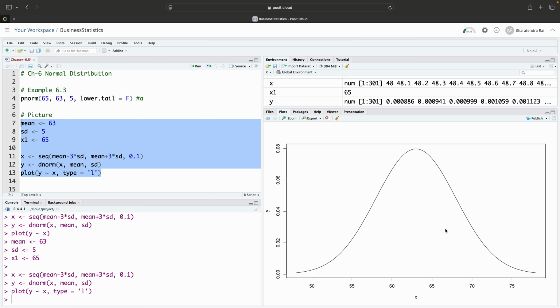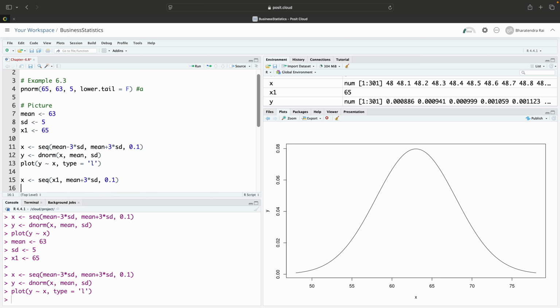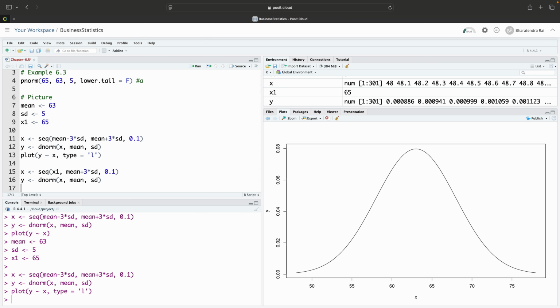And now we want to include the shaded portion, 65 and above. Within x I am going to store a sequence. The minimum value for the shaded part is x1, and we will take it to the maximum here, increment by 0.1. In y we are still using the same distribution, so these x values will go here, and then we create a polygon.